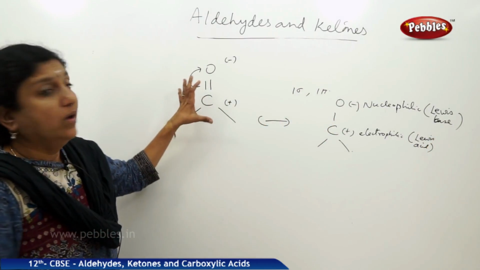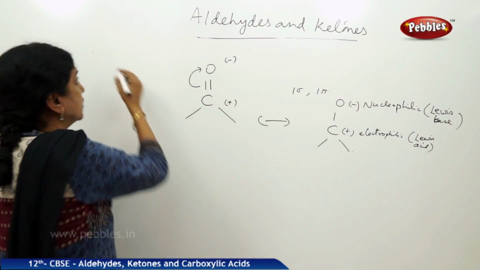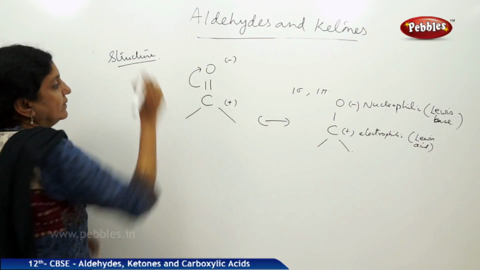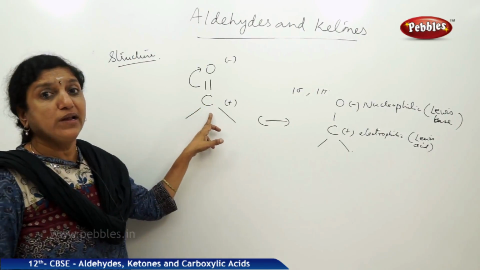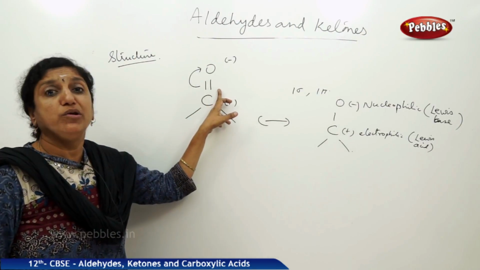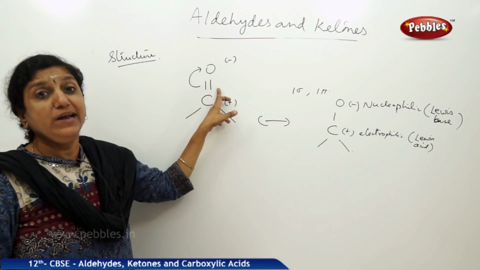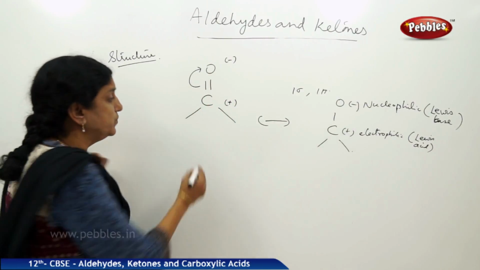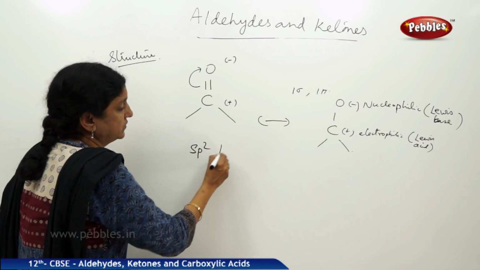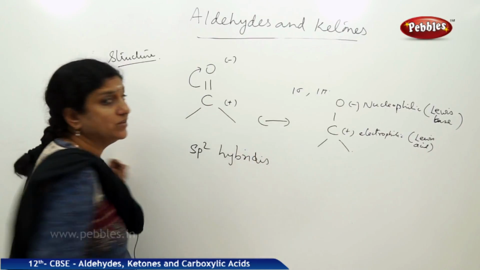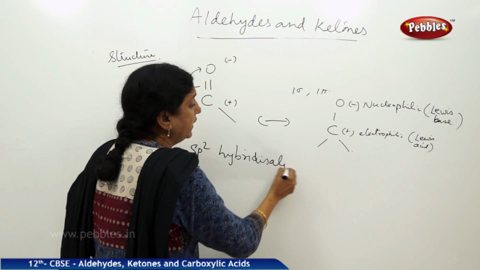Right? So, coming to the structure of this carbonyl group, as you can see, the carbonyl carbon is involved in the formation of a double bond with oxygen. Now, the double bond indicates that this carbon must be sp2 hybridized. And we know the geometry of sp2 hybridization is trigonal planar.